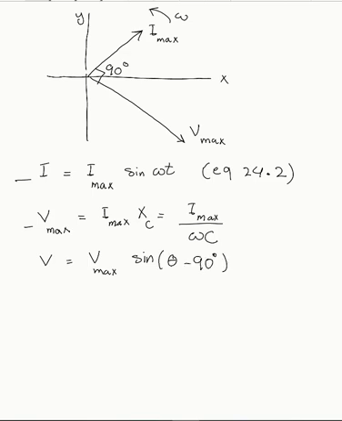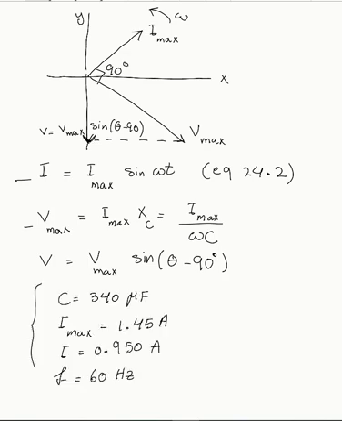This is something that you can see from the phasor diagram. So V equals V max sine of theta minus 90, which is the y component of V max.